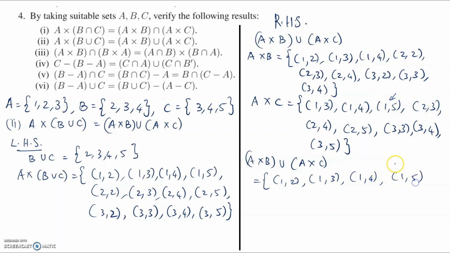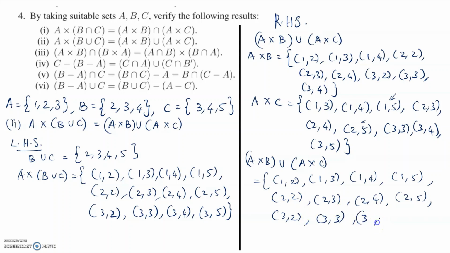Then 2, 2, 2, 3, 2, 4, and the other 2, 5. Similarly, 3, 2, 3, 3, 3, 4, and 3, 5. So clearly we can see that our LHS is equal to RHS, hence the proof.